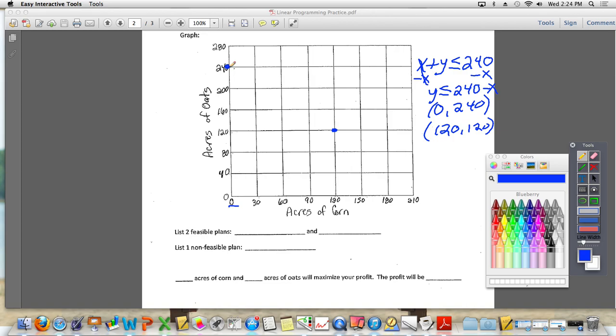If you can find more points, then use them. Maybe there's not any more for that one. All right. Connect your points with your ruler. Try to do the best job you possibly can with graphing. Connect them very carefully.